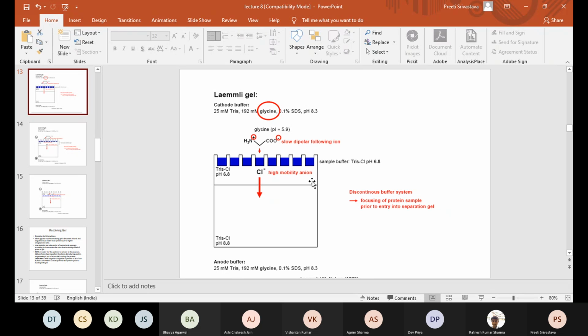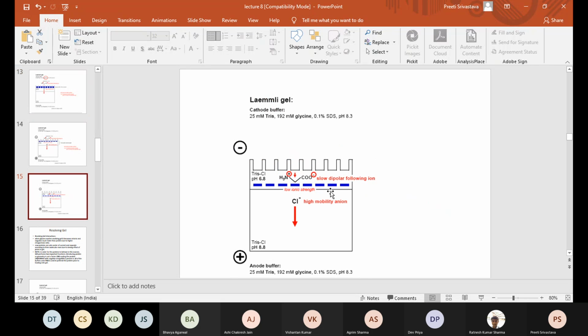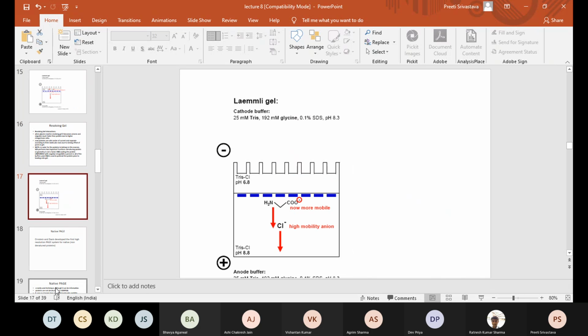It will give you a fuzzy picture. Whereas when you have the stacking effect created, this helps in better resolution of the bands.